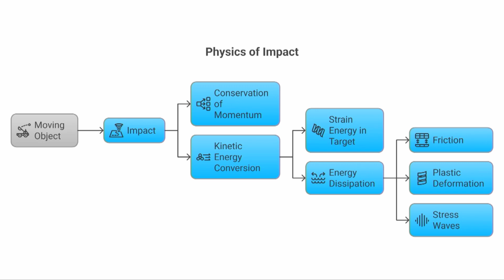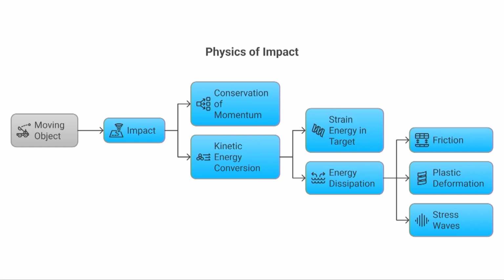Using these very simple equations, we will move ahead and try to calculate the strain energy and the energy dissipation. Other factors like friction, plastic deformation, and propagation of stress waves can be approximated using all these things. So what we have done is taken a very complex scenario, the impact between two bodies, and simplified it. We are calling it a contact when two moving bodies come into contact.